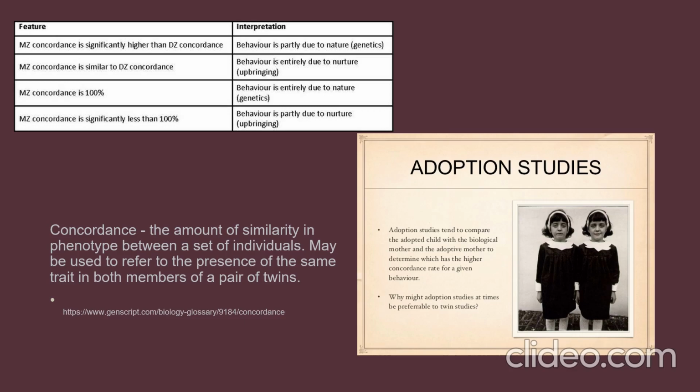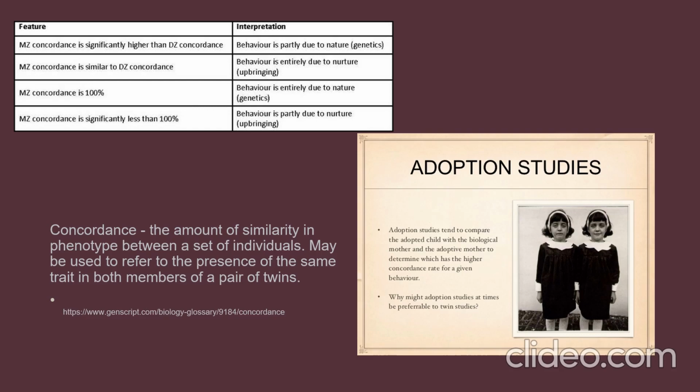Monozygotic concordance is significantly higher than dizygotic concordance. So, with that, behavior is partly due to nature. And then, MZ concordance is similar to DZ concordance. Kung pareho lang yung monozygotic twin, dun sa dizygotic twin, behavior is entirely due to nurture or upbringing.